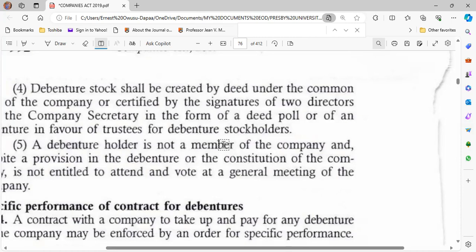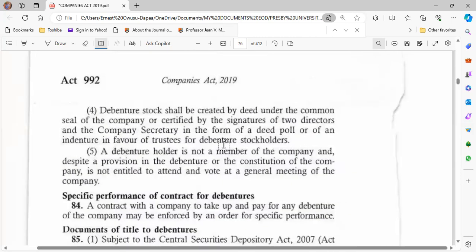So the debenture stock shall be created by deed under the common seal of the company, or certified by the signatures of two directors and the company secretary in the form of a deed poll or of an indenture in favor of trustees for debenture stockholders.